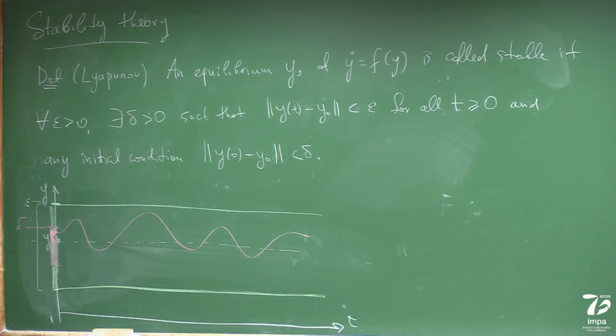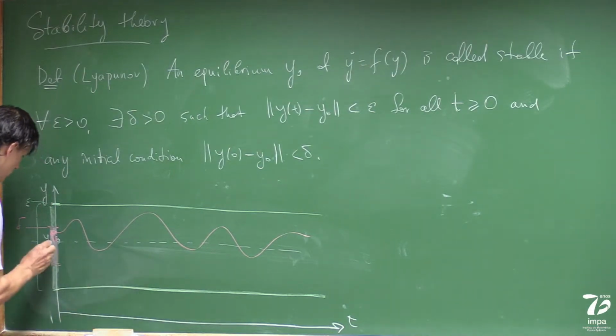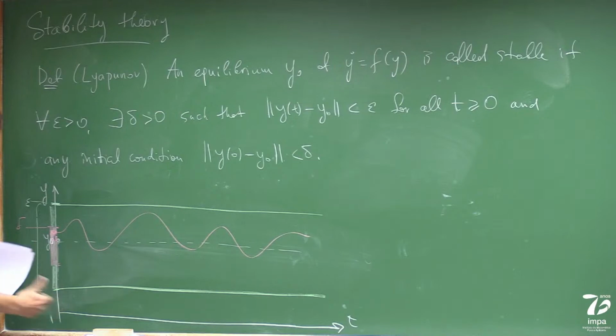So stability means that I always can be in any small neighborhood of size epsilon around the equilibrium if I take initial conditions sufficiently close to the equilibrium.